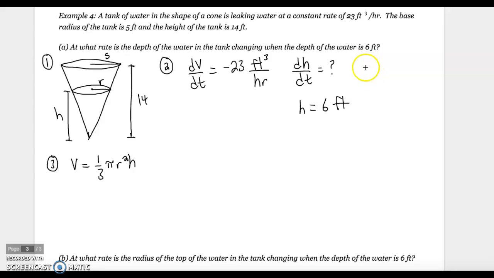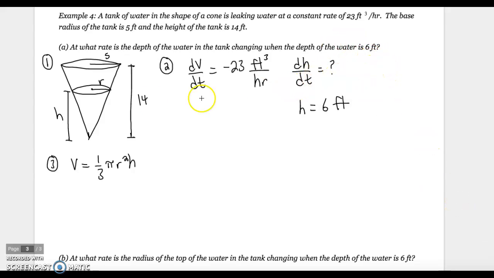I don't know the rate at which your radius is changing. And so this is where it becomes more obvious, once you've practiced these problems enough, that they needed to give you information about the tank, because you're going to use the information about the tank to rewrite this so that it doesn't have any r's in it anymore. And I'll show you what I mean.